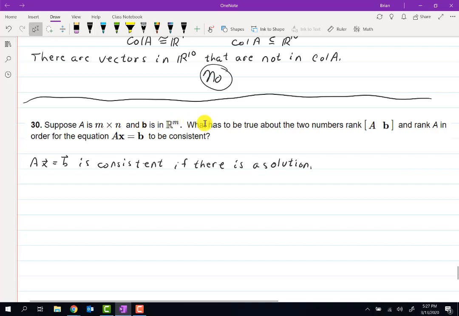What must be true about those numbers? Let's take a look at rank. The rank of the augmented matrix [A|B] is the same thing as the rank of C1, C2, up to Cn, the n columns of A, and then we have this B vector here.